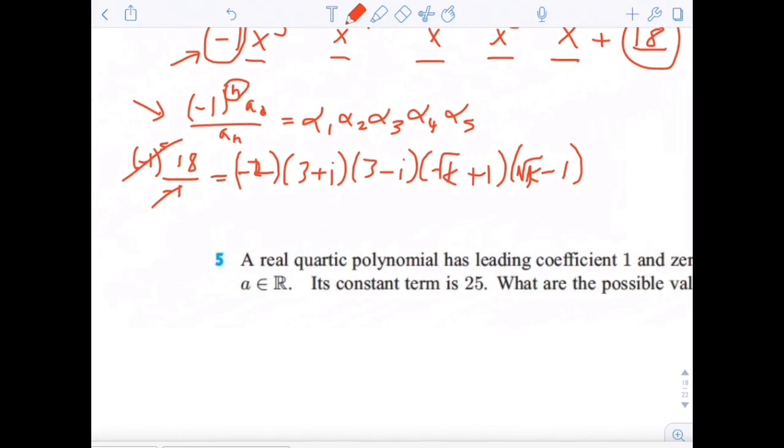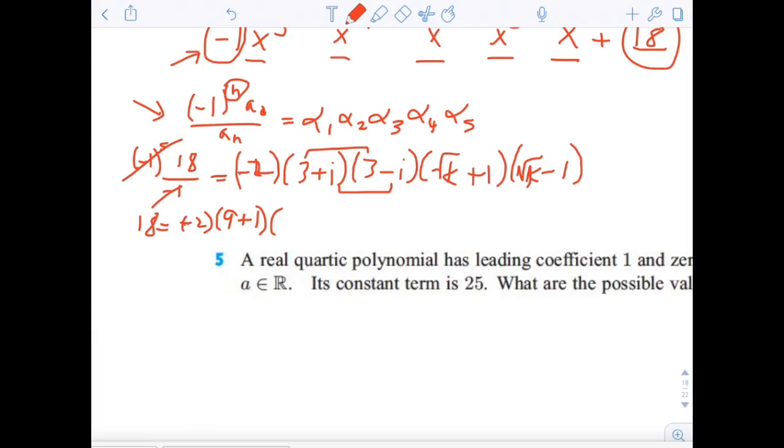Okay, so we have 18 equals -2 times, this would be 9. These two multiplied together is 9. These two multiplied together is -1 times -1, which is +1, because the inner and outer terms cancel each other out. And then we do the same thing with square root of k plus 1 times square root of k minus 1.